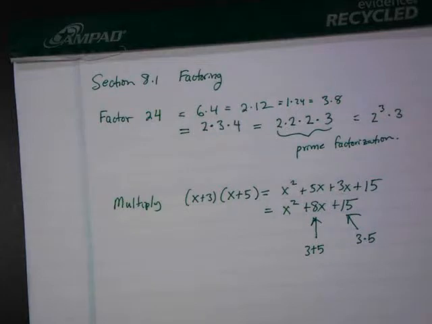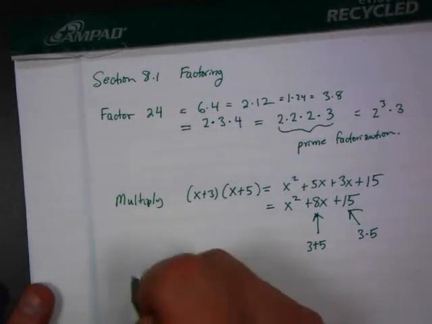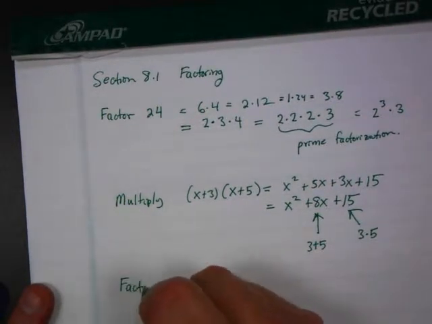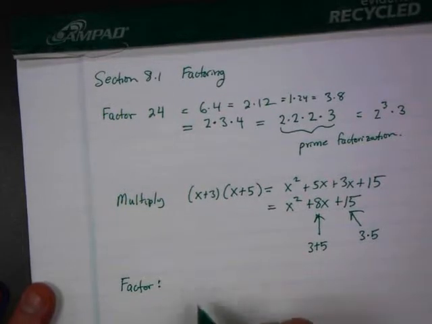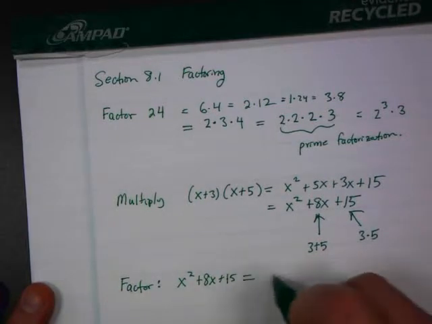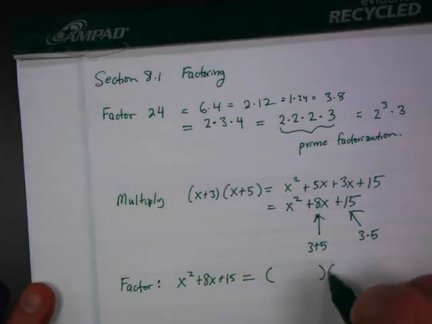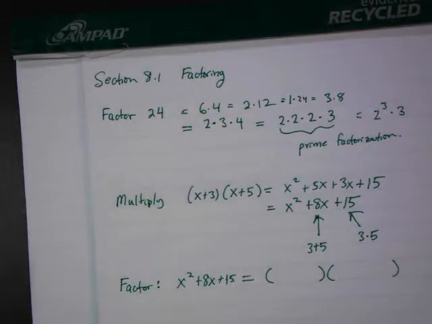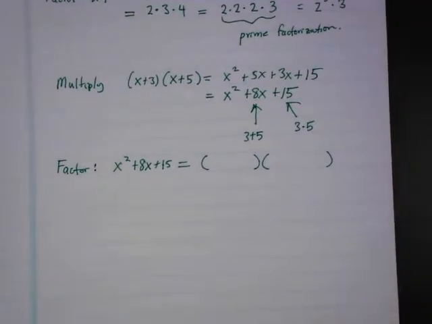All right. So to factor means we would start with x squared plus 8x plus 15, and you would tell me what two things you need to multiply together in order to get x squared plus 8x plus 15. That's what factor means. So it's kind of like playing Jeopardy.